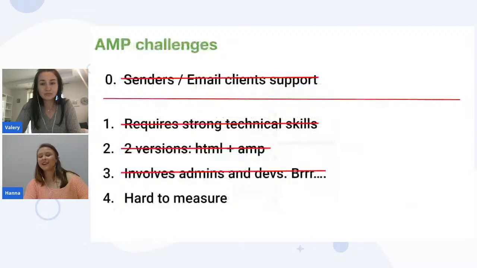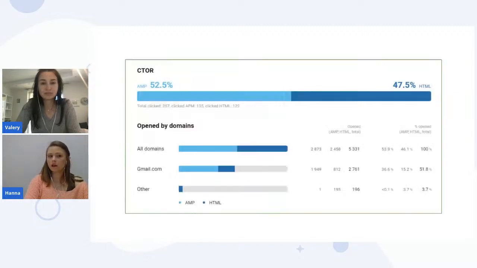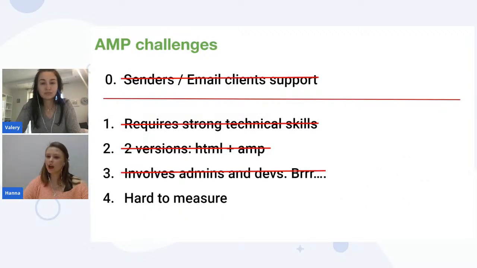Okay, so we're almost done with all the issues. The last one, which was and probably still is an issue, is that it's hard to measure. Well, it's only up to your ESP. Not all ESPs can track AMP HTML really well. Some ESPs might not give you all the information like they do about HTML emails, but most of them can tell you how many times the email was opened, how many clicks you got, and so on.